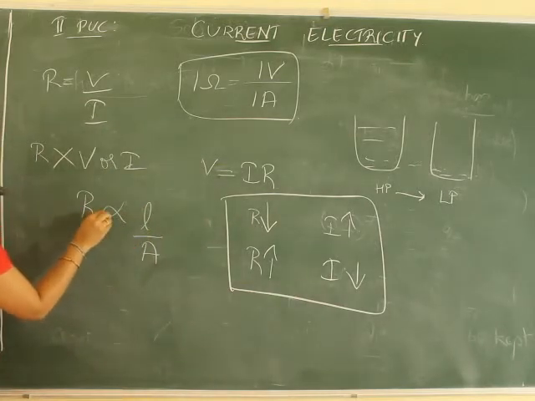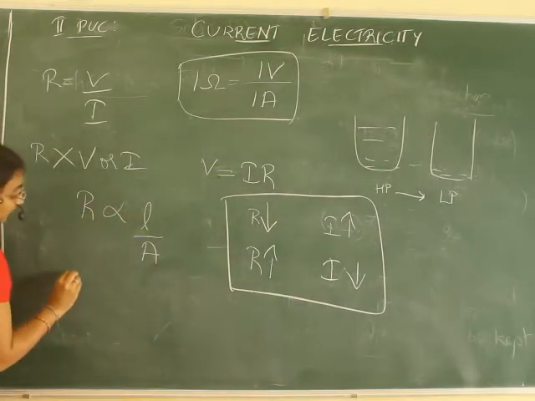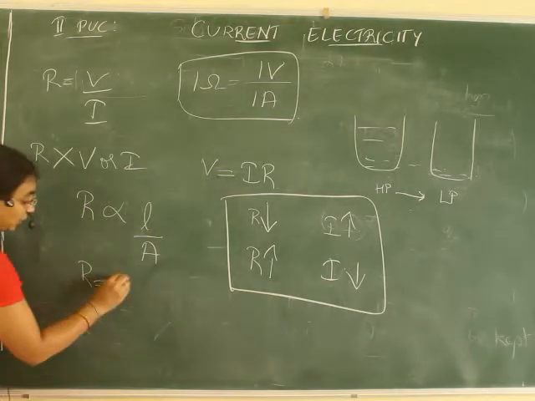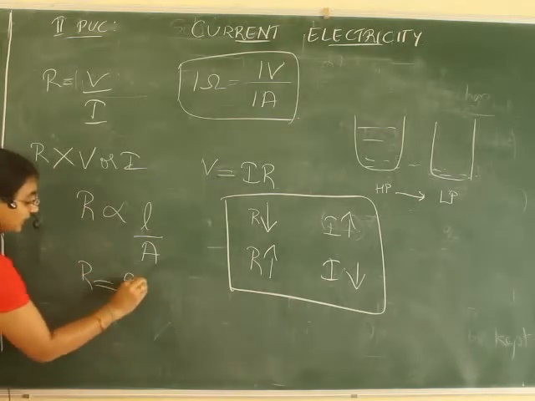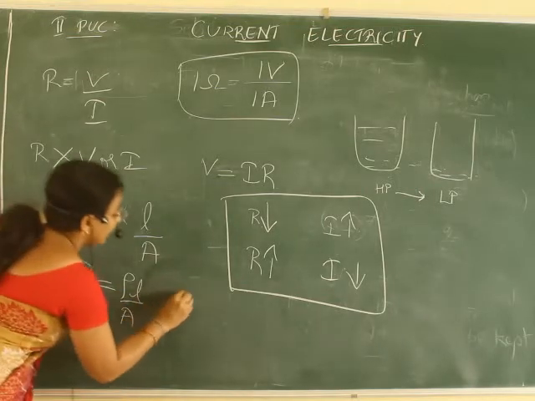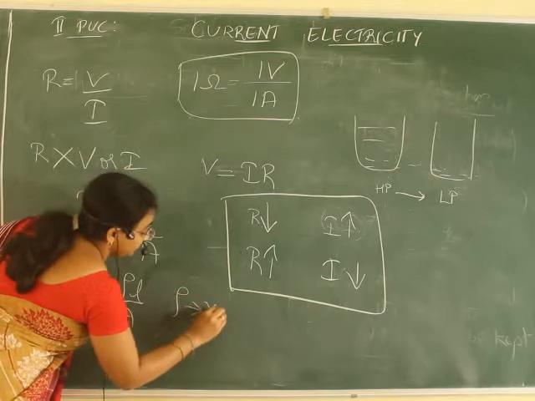To remove the proportionality and put an equal symbol, a proportional constant rho is given. Rho is nothing but a proportional constant called resistivity.